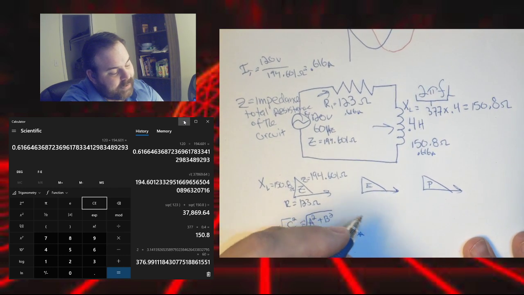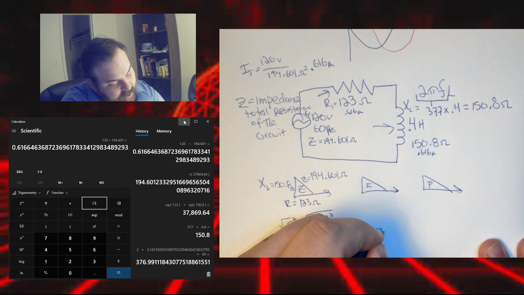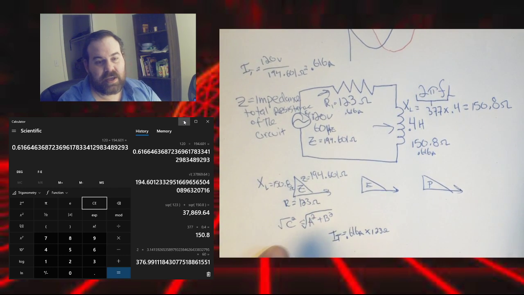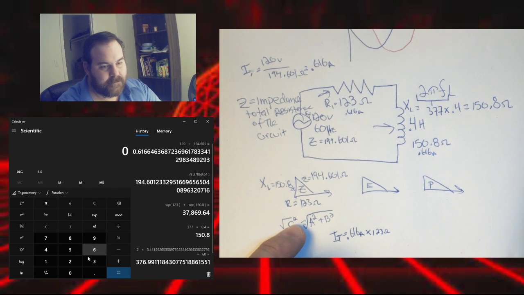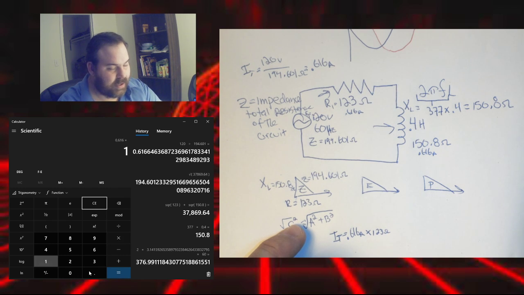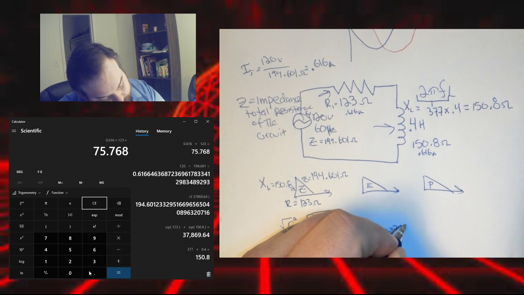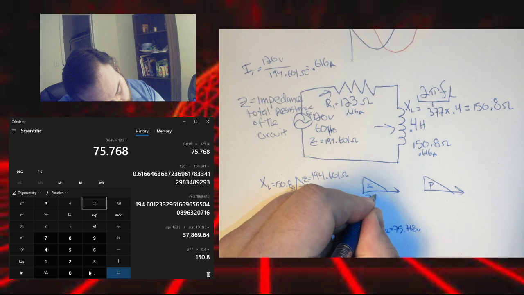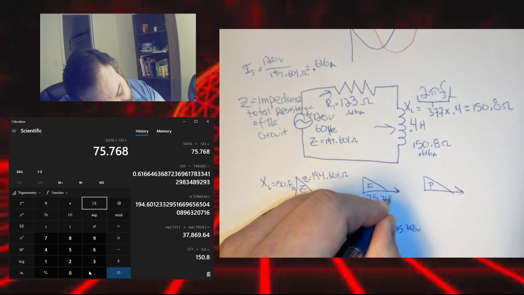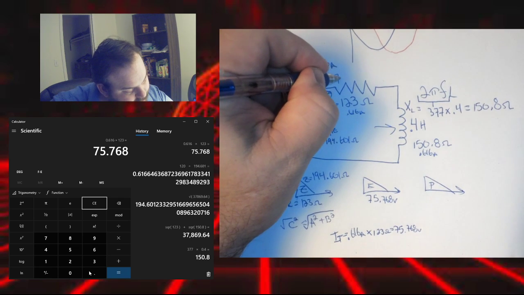We're going to go 0.616 times 123 ohms, and that will give us the voltage at the resistor. So 0.616 times 123 is 75.768 volts. That is for the resistor. That's here.